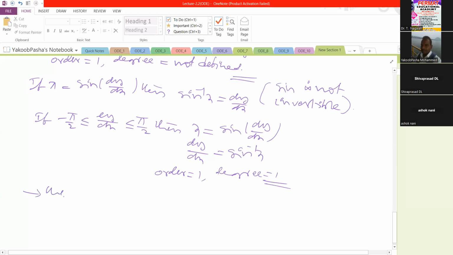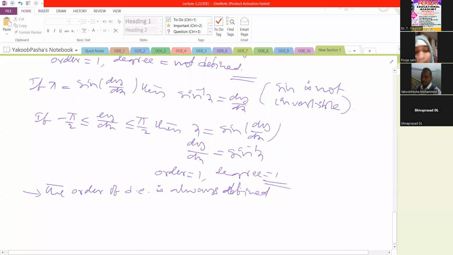The order of a differential equation is always defined. What about degree? Degree is not defined, sir, when trigonometric functions, logarithm functions, exponential functions contain the maximum derivatives. Yes. So the order of a differential equation is always defined, but not degree.